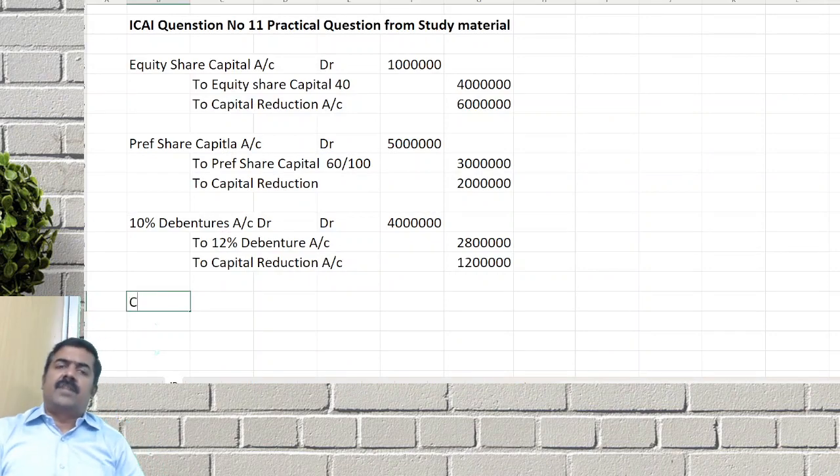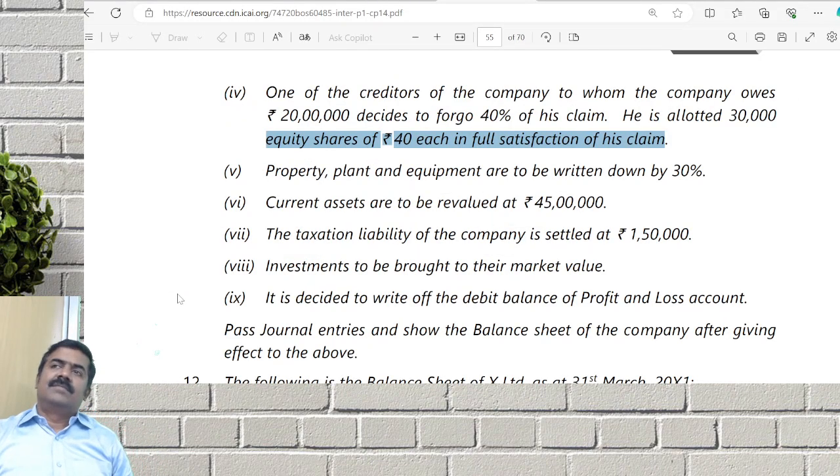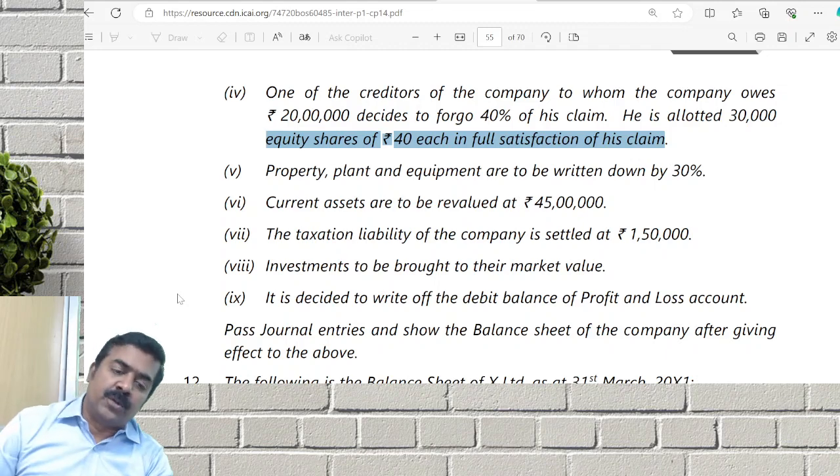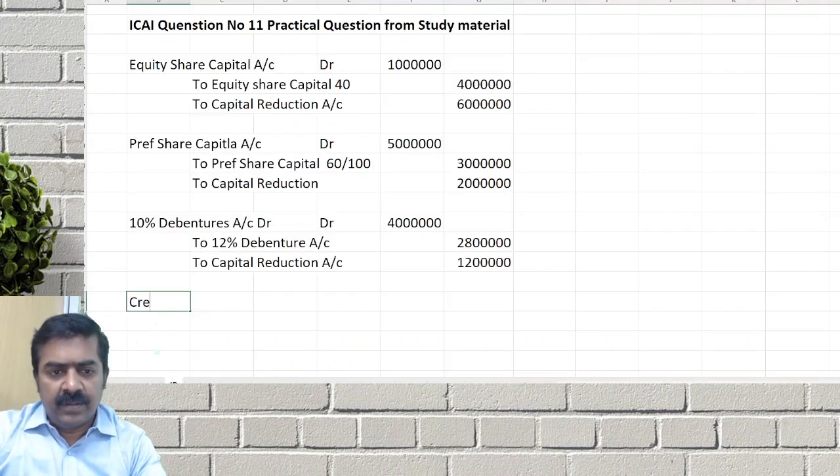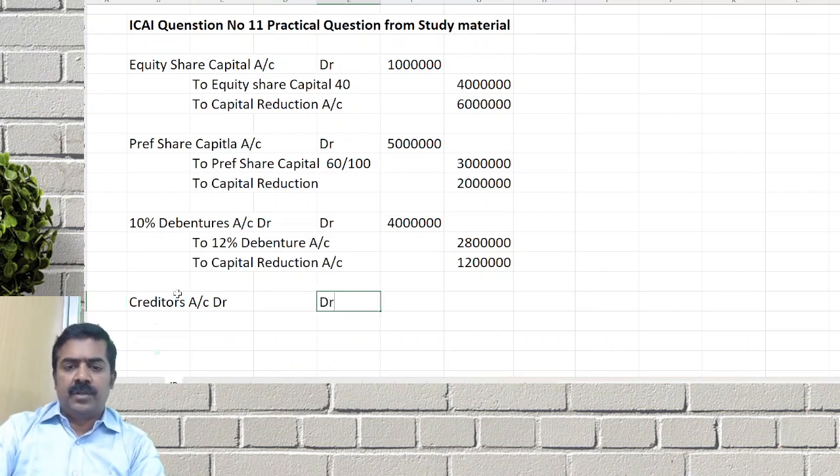Pass entry. Try to pass entry path. How much they forego? Creditors account debit.